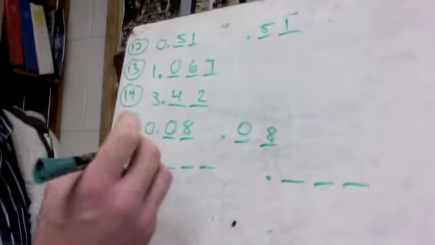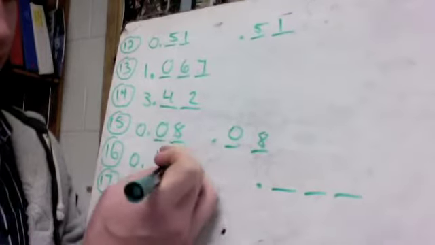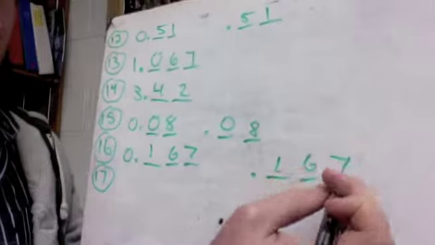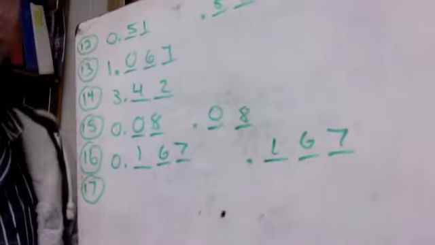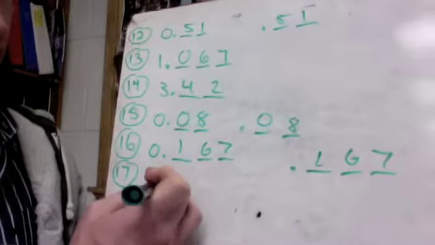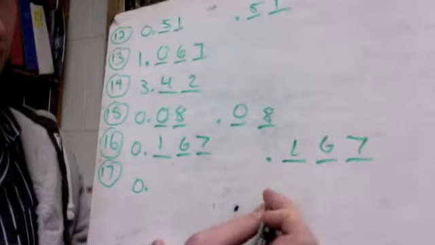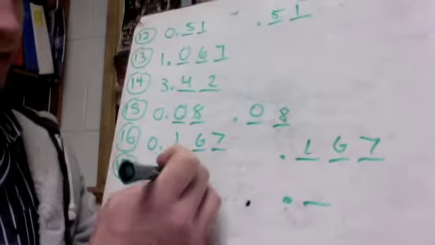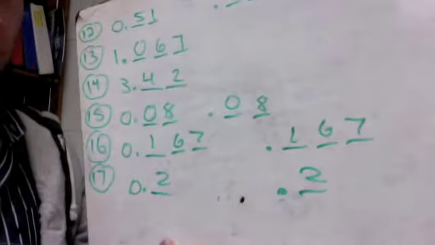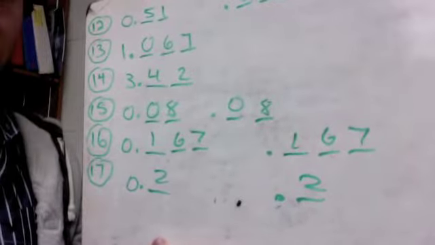We have three numbers, 167, so it'll just fit nice and perfect there. 167 thousandths. And then 17, 2 tenths, no whole number. So we could go 0 and 2 tenths or just 2 tenths. Tenths place is the first spot, so I'd have a 2 in the first decimal spot. Those are the answers for 12 to 17.